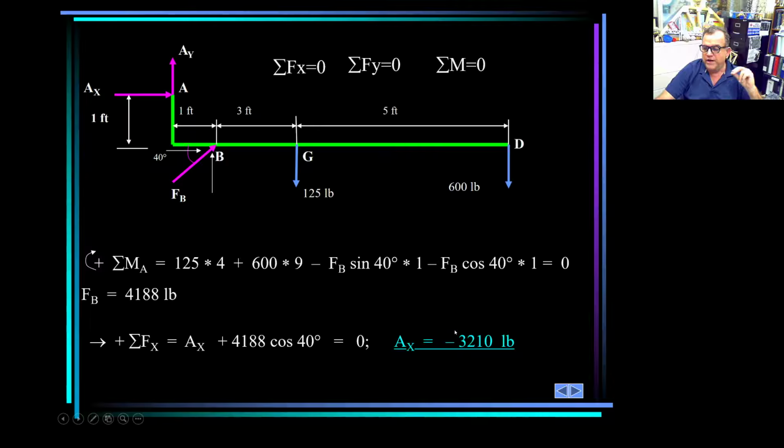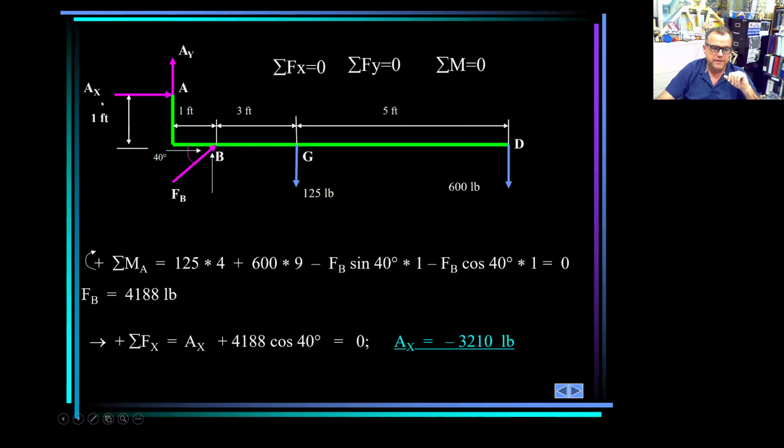Now, what we read before is that whenever you get a negative sign, that means that the value for the reaction AX goes opposite to whatever we assumed before. Pay attention to what I'm saying. I'm not saying that if it's negative it means that it goes to the left. This is not what I'm saying.